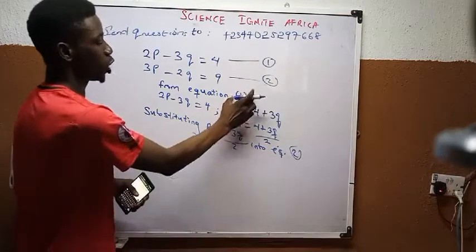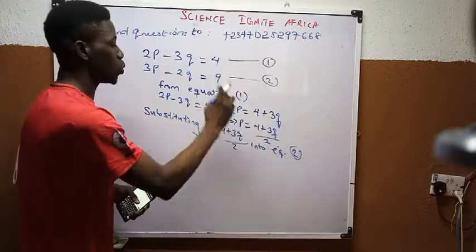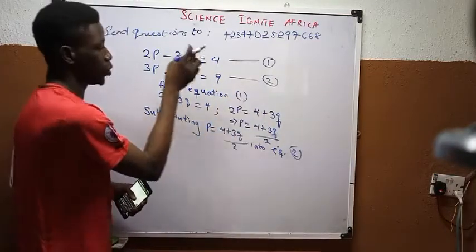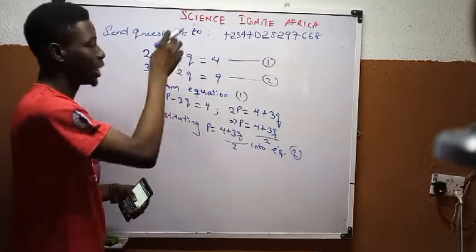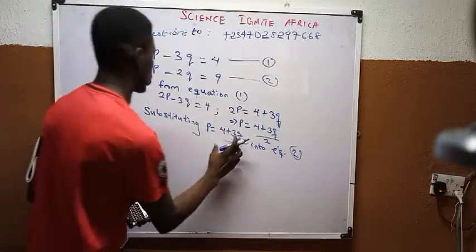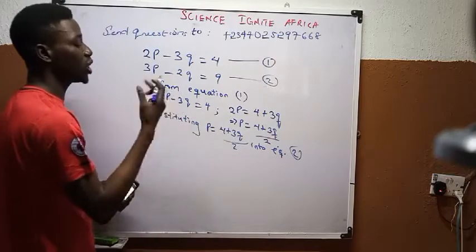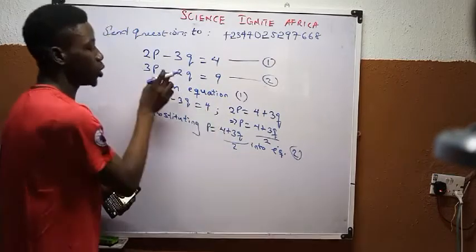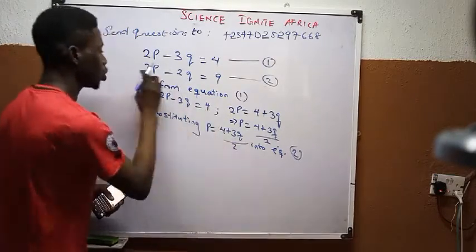Be very, very careful. We used equation 1 to get this p, so we are not going to substitute this value into equation 1 again. We are going to substitute it into equation 2. So anywhere I see p in equation 2, I will replace it with this.